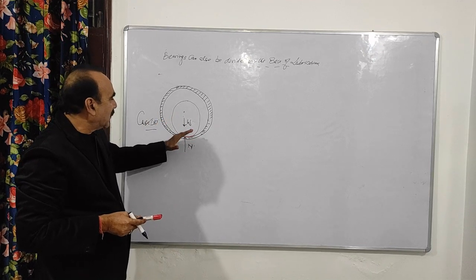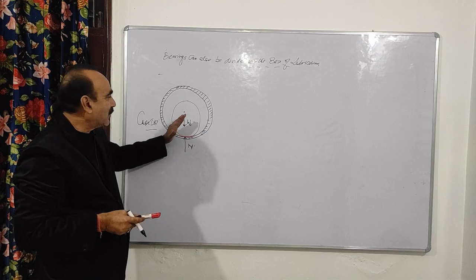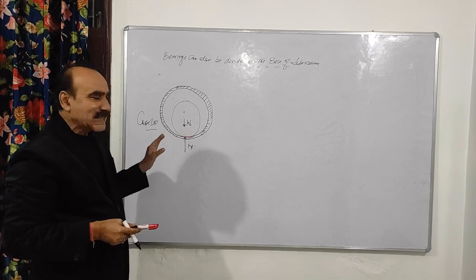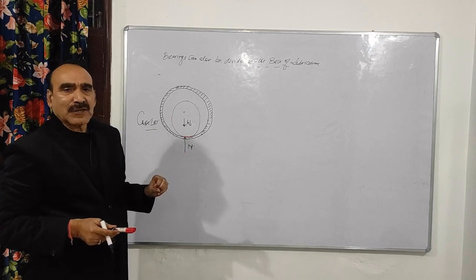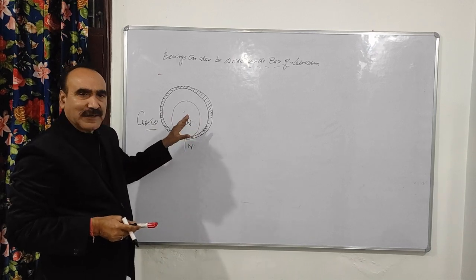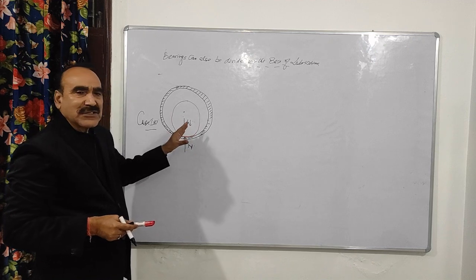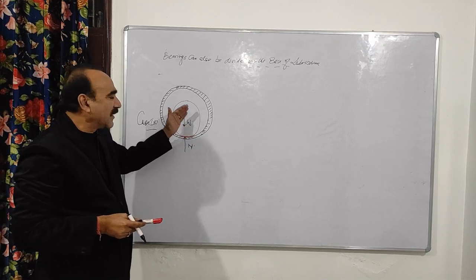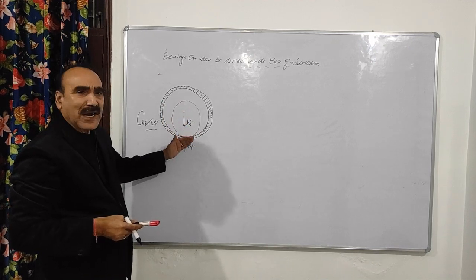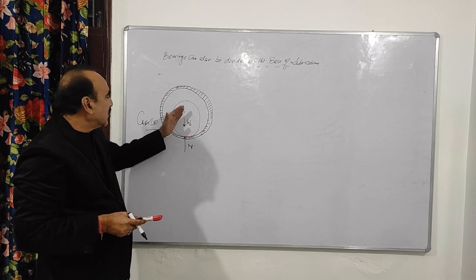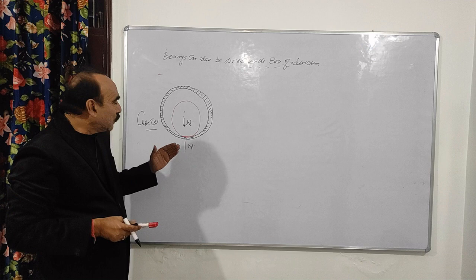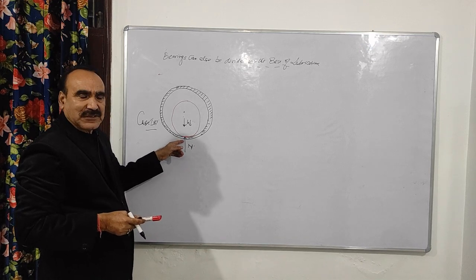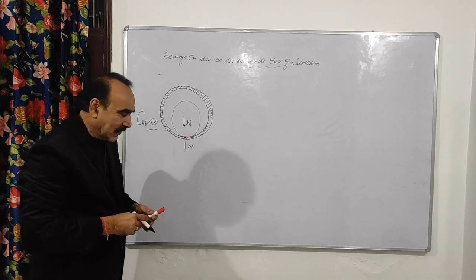This normal force will hold the load of the shaft here. This is the first case when the shaft is not rotating. When the shaft is not rotating, lubricant is not there because no pressure is created. In this case, there is metal to metal contact and the load of the shaft is directly supported by the normal force which is acting in the upward direction.